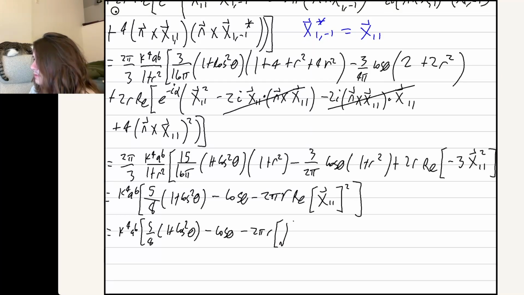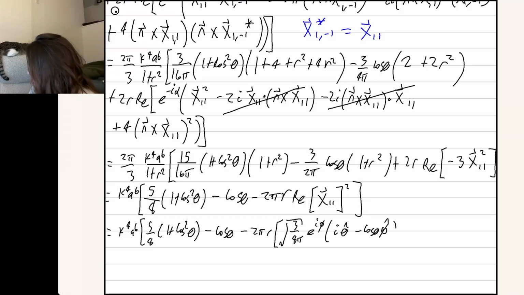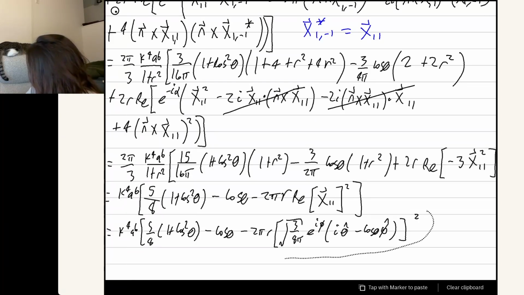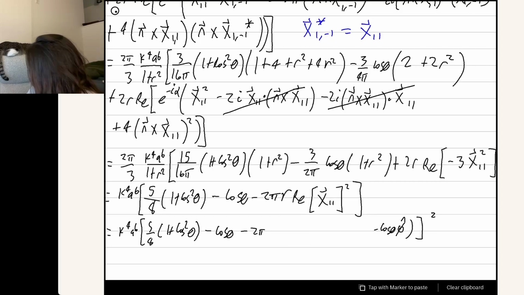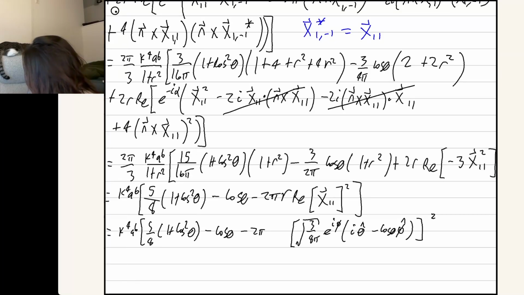It's just going to be 3 over 8 pi e to the I phi times I theta hat minus cosine theta phi hat. But then we have to square that and take the real part of the square. Yeah, take the real part of the square of that.